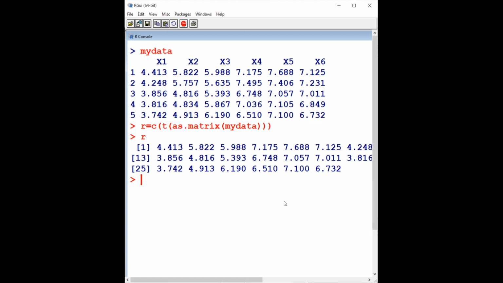Now I want to tell R that the first observation is coming from treatment 1, the second observation is coming from treatment 2, likewise. So to do that, I'm going to give the factor names to this one.